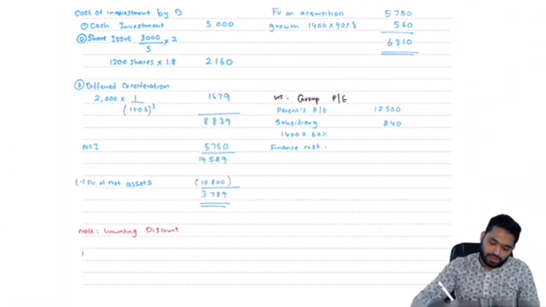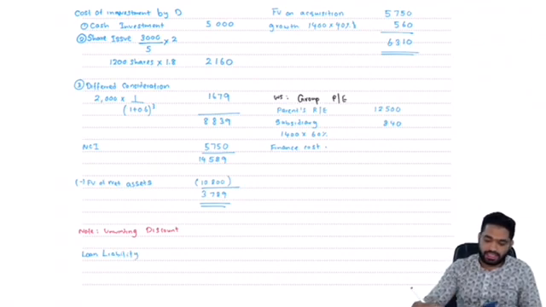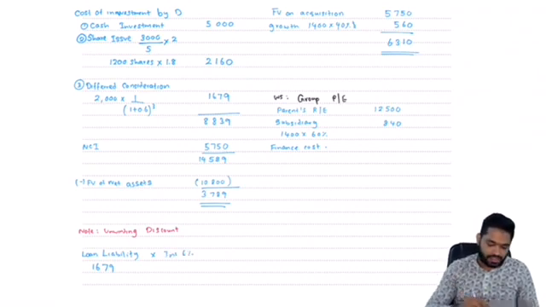The loan liability that is 1679, into the interest of 6%.